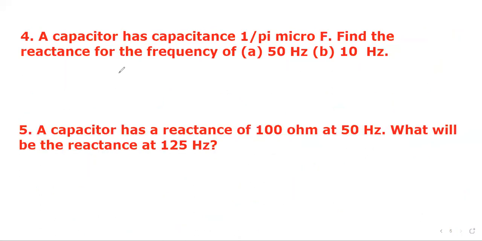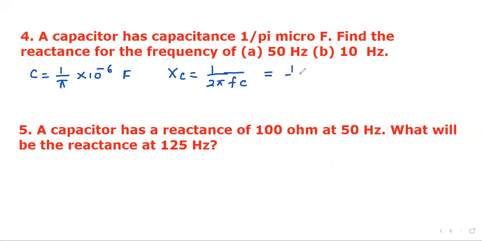Let's see next question. A capacitor has capacitance 1 upon pi microfarad. C is given 1 upon pi into 10 to the power minus 6 farad. We have to find out capacitive reactance in two cases. One frequency is 50 hertz and other is 10 hertz. So Xc equals 1 upon 2 pi Fc.